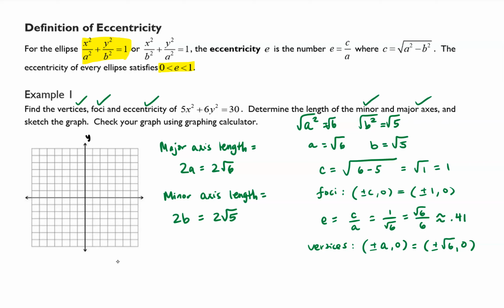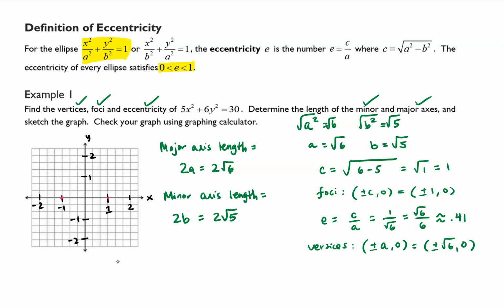So here's my y-axis, here's my x-axis. I'm going to scale this so that, let's see, 3 of these tick marks represents 1 unit. Okay, so we know that our foci are located at plus or minus 1, 0, so I'll plot those.